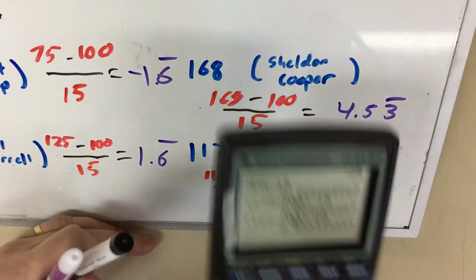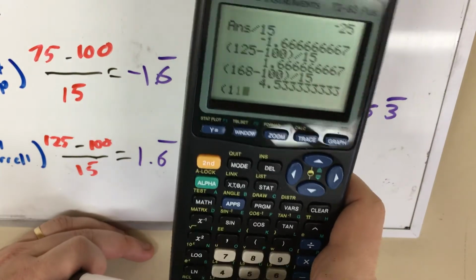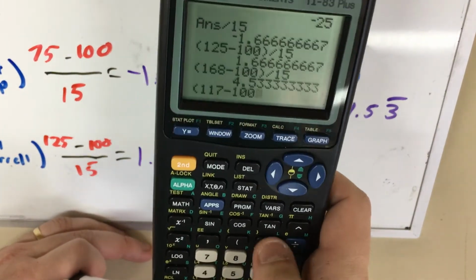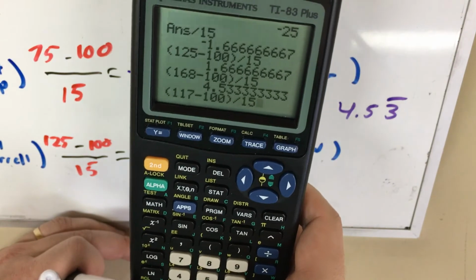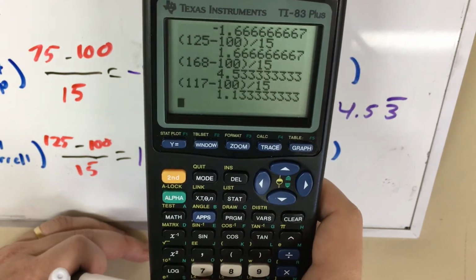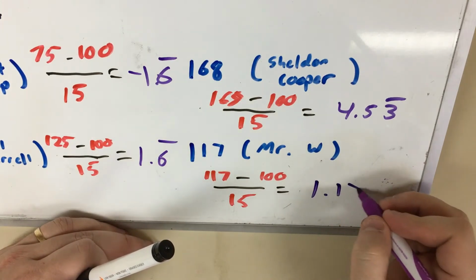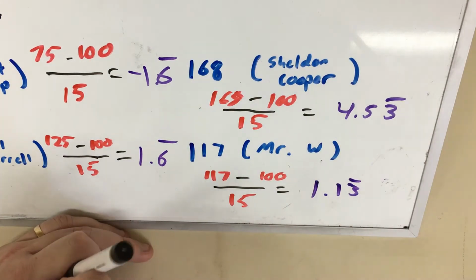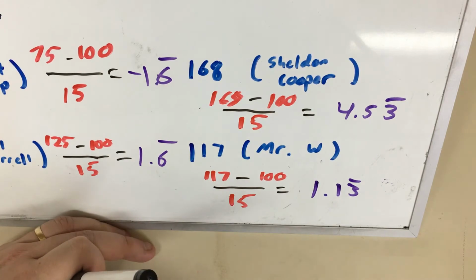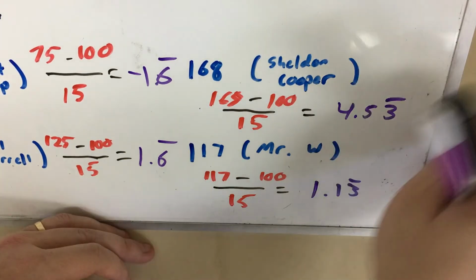So let's go ahead and actually find that out. 117 minus 100 divided by 15 gives me 1.13 repeating. As we expected, it's close to 1 standard deviation. So those are the 4 examples I wanted to give from the IQ scores distribution.